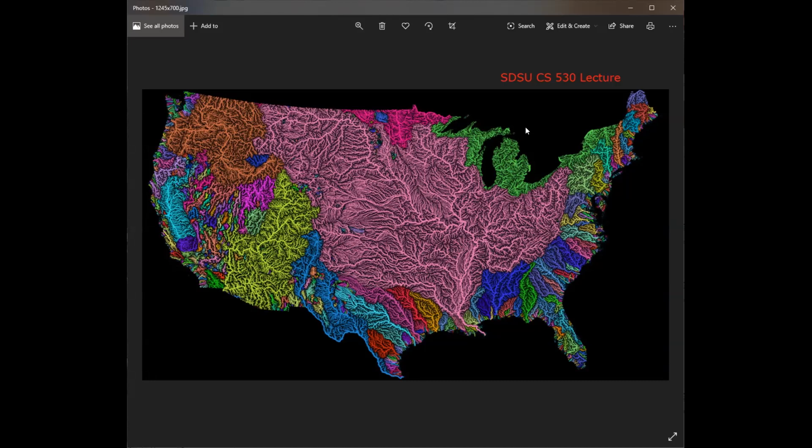I thought it was really interesting because it shows how the different waterways are getting fed and how they move throughout the U.S., which, as you learned in K through 12, was a very important part of our whole industry and agriculture system and how we evolved the country, which I thought was pretty cool. So I thought I'd share that with you.